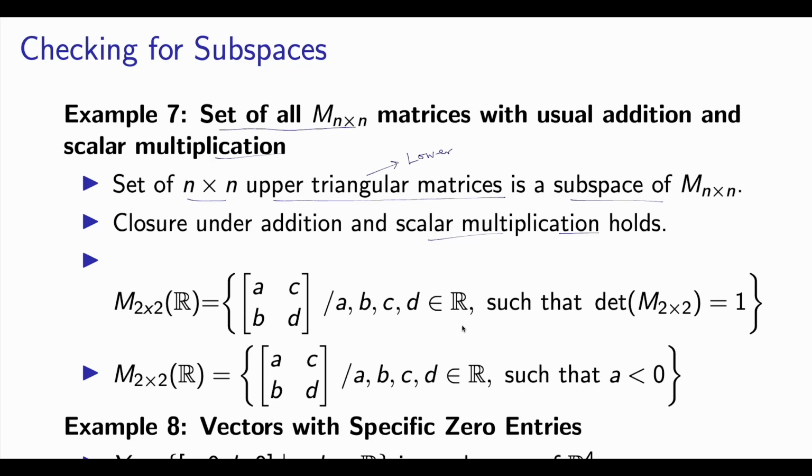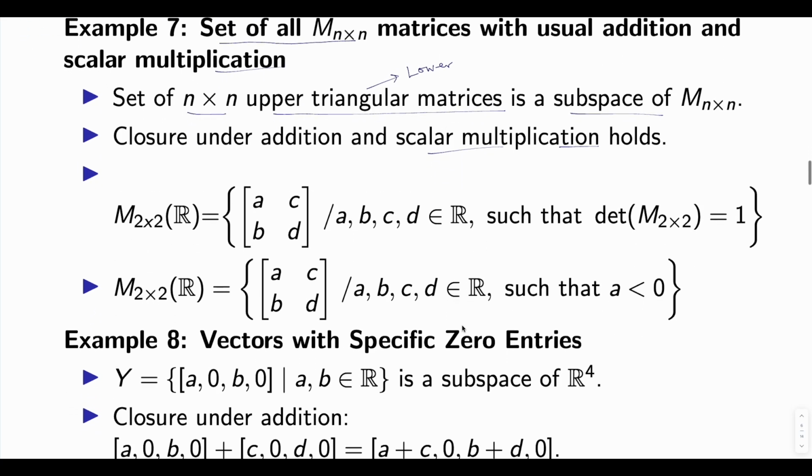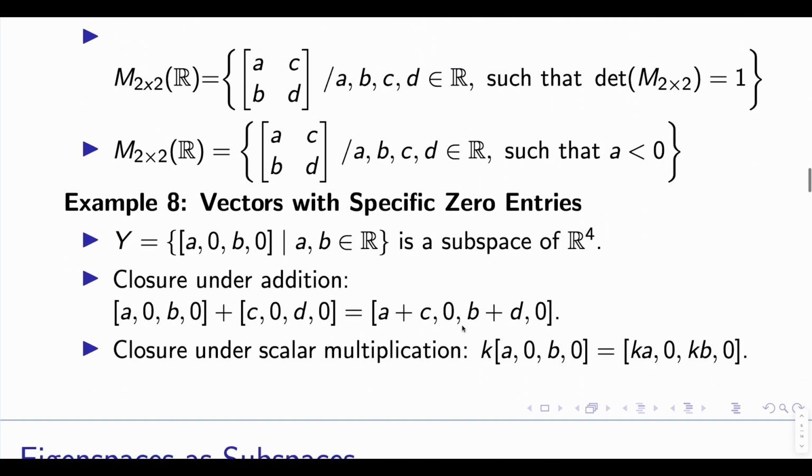Okay. Now if you see the next example, M2x2 is of course a subset of n by n matrices, [a b; c d] such that a, b, c, d belong to R and determinant is equal to 1, right? Again I told you, determinant is going to be 1. Determinant 1 means what? So you can take [1 0; 0 1].